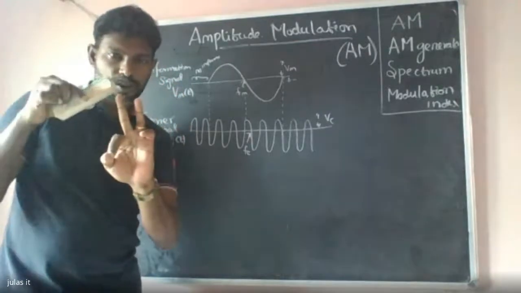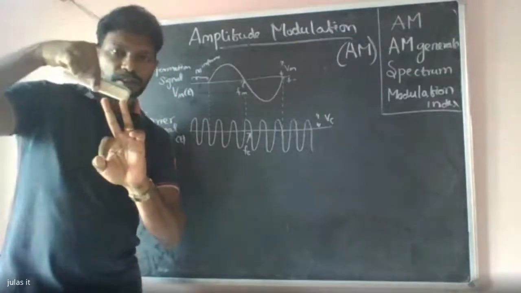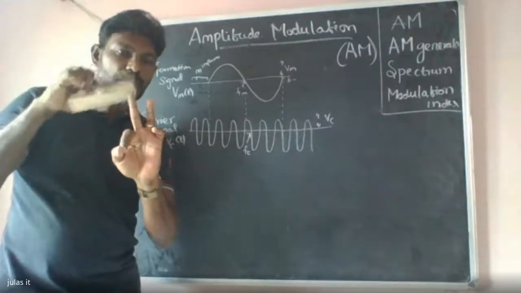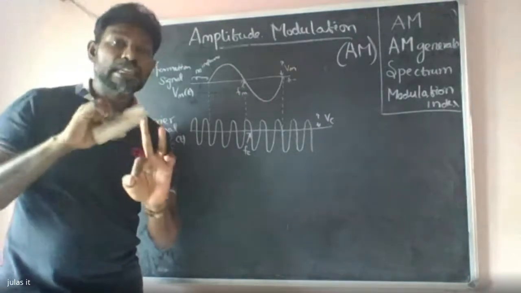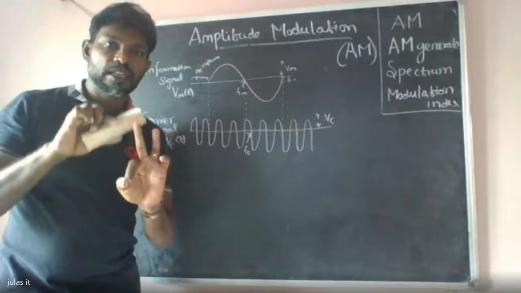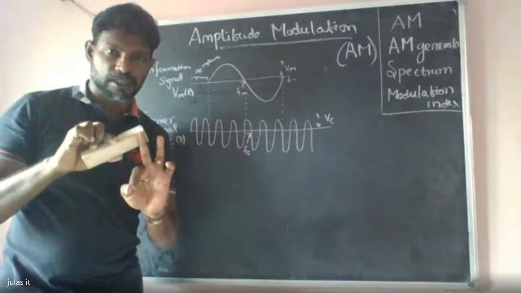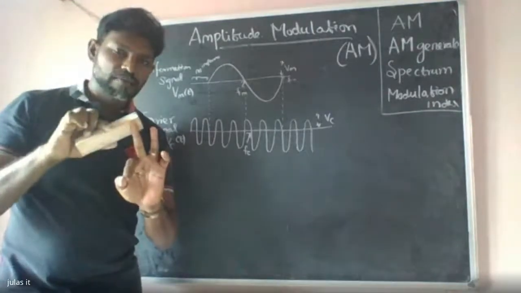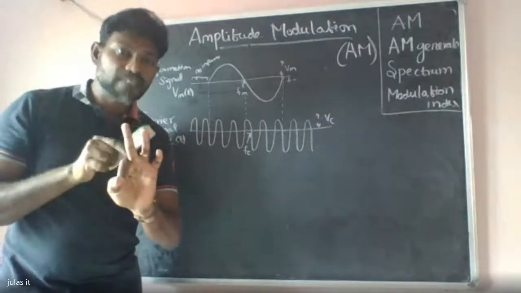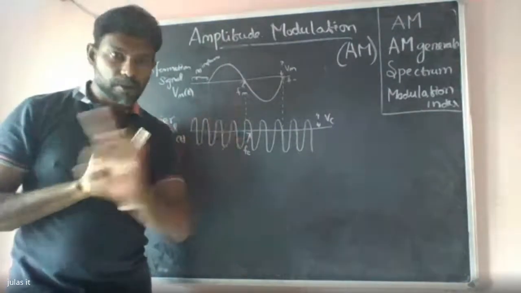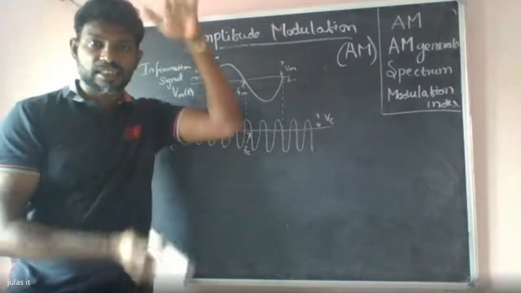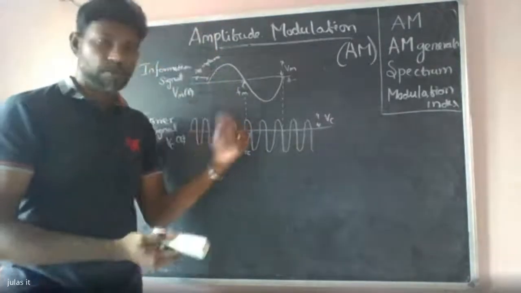We speak about only two things: amplitude and frequency. So if there is any change in the amplitude of the carrier signal in accordance with the information signal, we call it amplitude modulation, right? The amplitude changes, but the frequency remains the same. There will be no change in the frequency. Only the height changes, that is, the amplitude. Let's see now how it is happening.